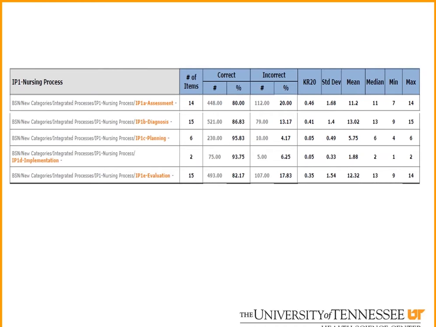That's more your med-surg courses and the courses that come after pathophysiology, so you kind of expect that. But it does tell me that I may need to include more questions on planning. You're taking care of a patient with a particular disease process. What diagnostic test might you plan for? So I may need to include more of those. Again, it gave me the percent correct and incorrect, and then all my statistics.